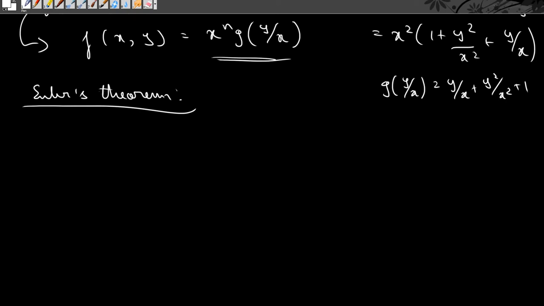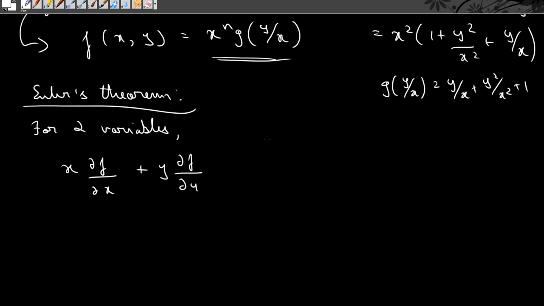Alright, so for two variables, what Euler's theorem says is that if the function f is homogeneous, then x times the partial derivative of the function with respect to x plus y times the partial derivative of the function with respect to y should be equal to n times the function itself, where n is the degree of homogeneity.